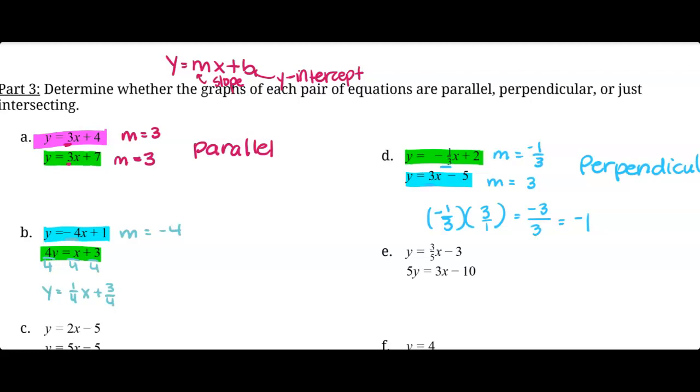Then I can see that I have a 1/4 on my x, which means my slope is 1/4. When I compare my two slopes, I have signs that are different. And if I do -4 times 1/4, I get -4/4, which is -1. So those lines are perpendicular.